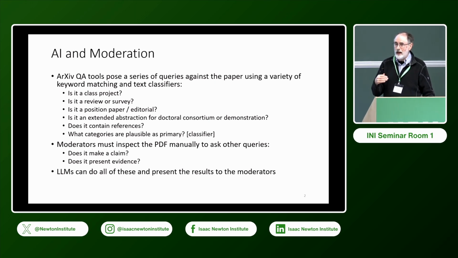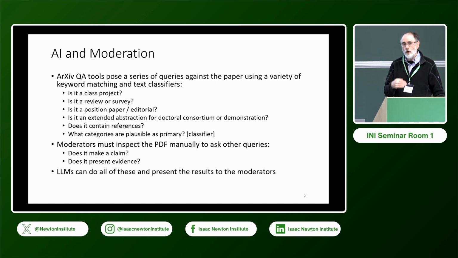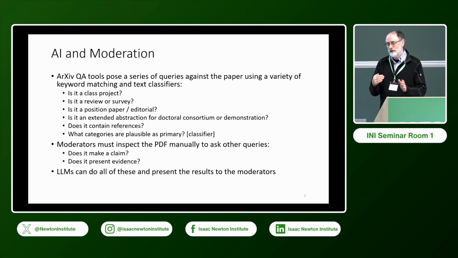For some things right now, we have to rely on the moderators to open up the PDF file and scan through it and try to find the information themselves. In particular, in computer science, the standard article makes some kind of a claim: Algorithm A is better than B, or this takes only polynomial time, or whatever. And then there's some evidence presented to support that claim.